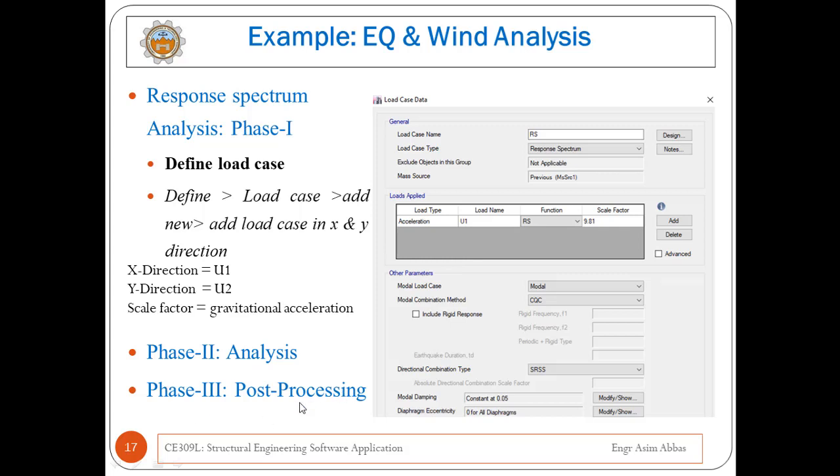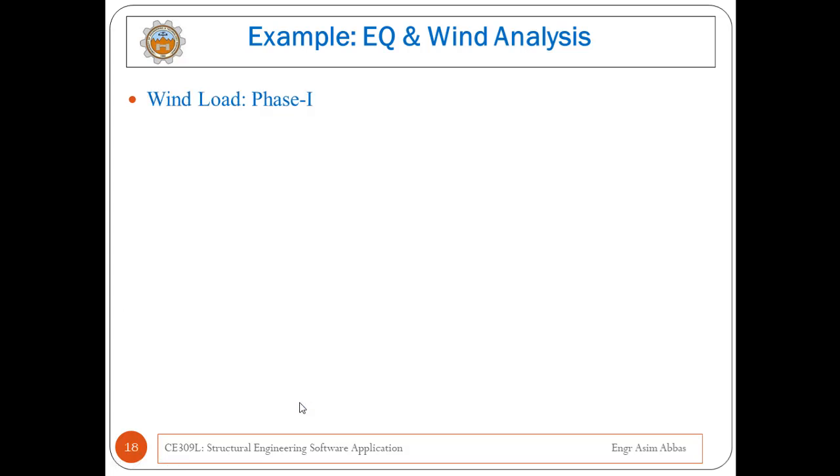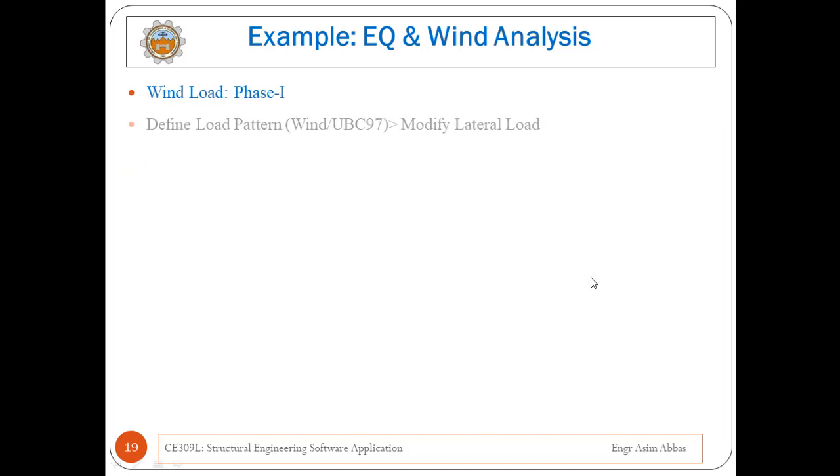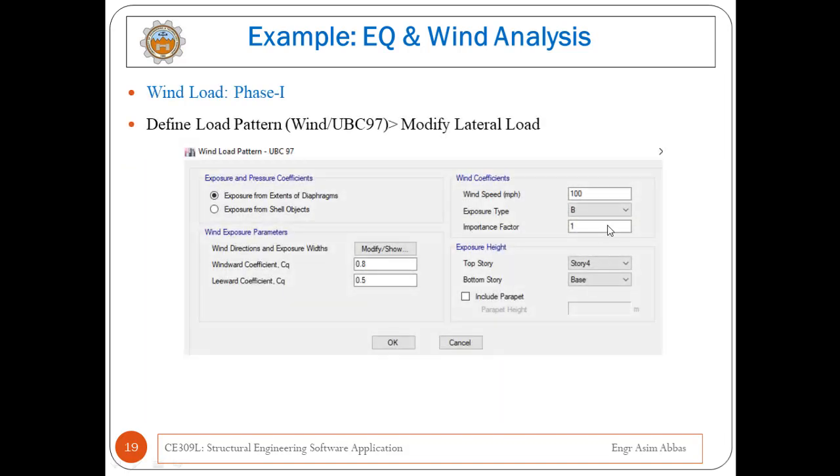In case of wind load, again define a load pattern by using UBC 97. So here we will add the wind load pattern, and then click on modify lateral loads. So this window will appear. In this window, we can enter the different coefficients, including the wind speed, the exposure type, the importance factor, then exposure height, top story and bottom story.